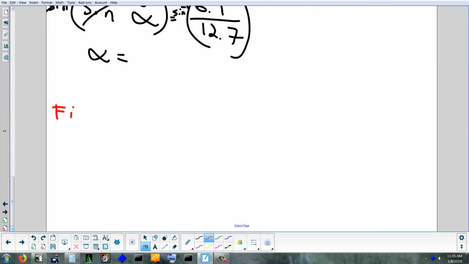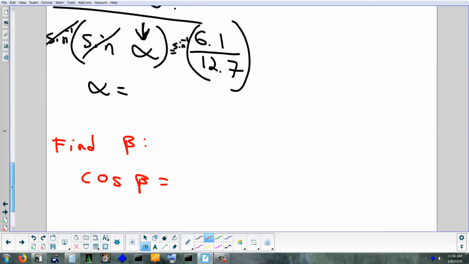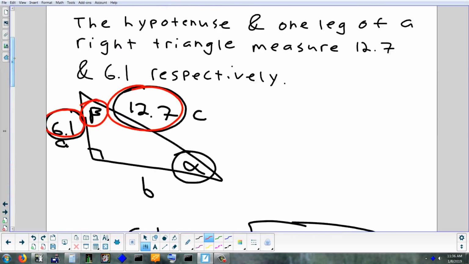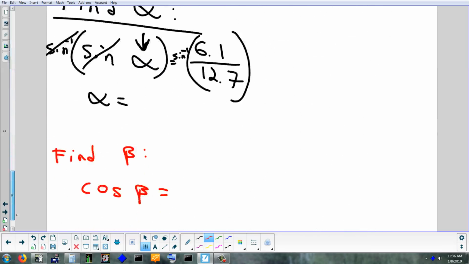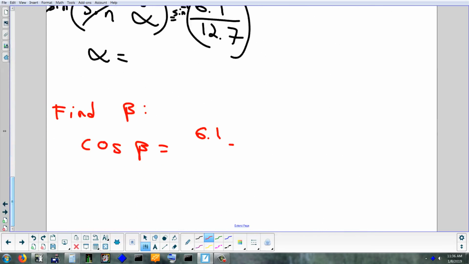Let's find beta. Cosine of beta equals adjacent over hypotenuse. Now, we ended up again with a variable right next to a trig function.